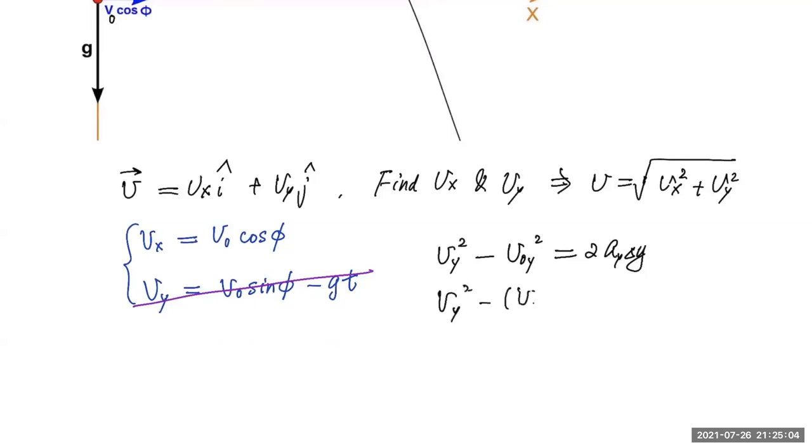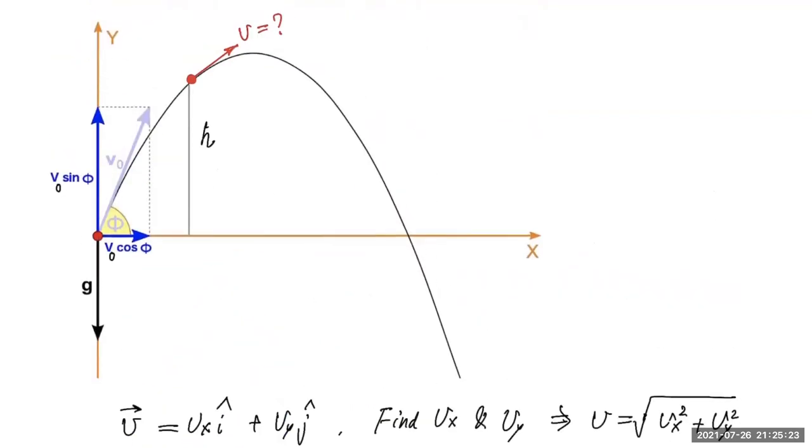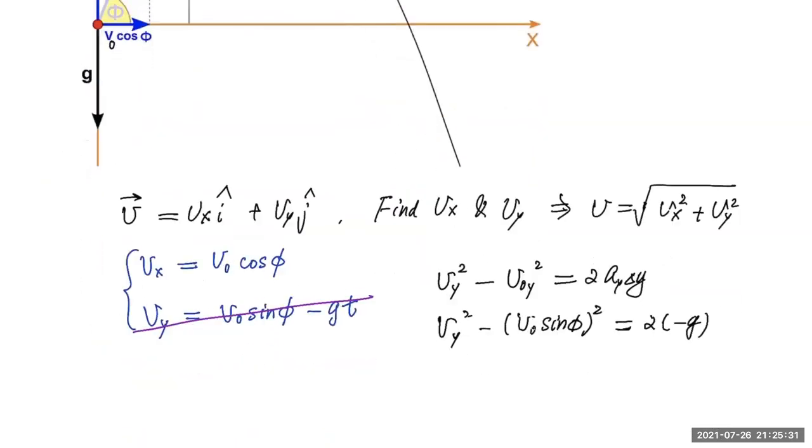That is V naught sine phi, right, squared, equals 2 ay, which is 2 times negative g. ay equals negative g because the upward direction is positive. So the acceleration is downward, therefore it's negative. Delta y is just h from initial to the final, the vertical ascent. The vertical change in displacement is h, so that's h right here.